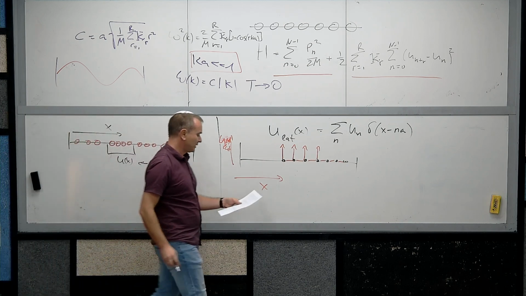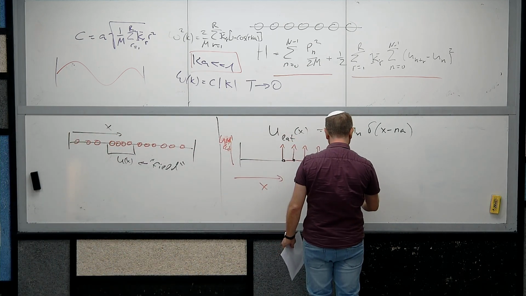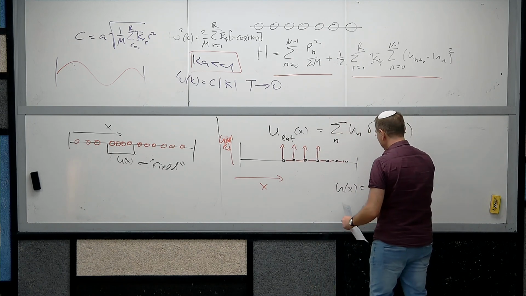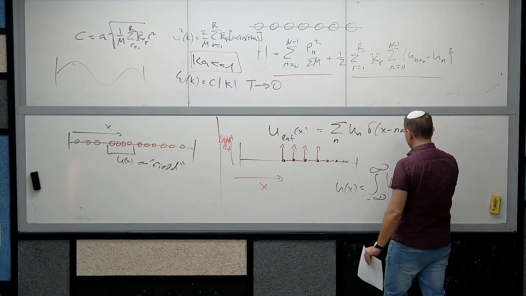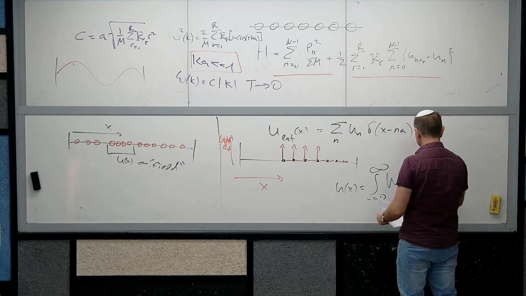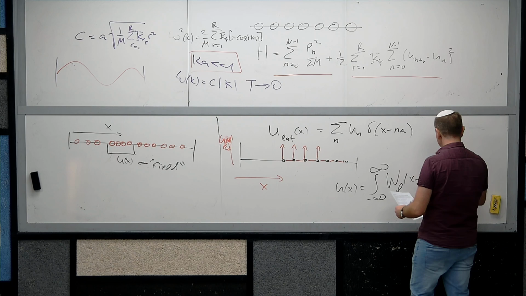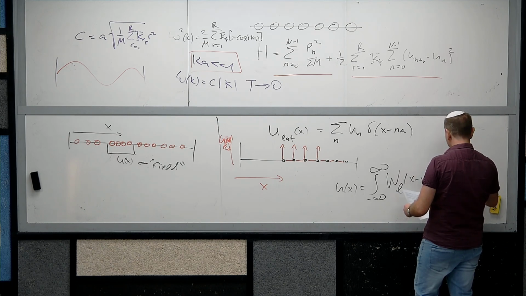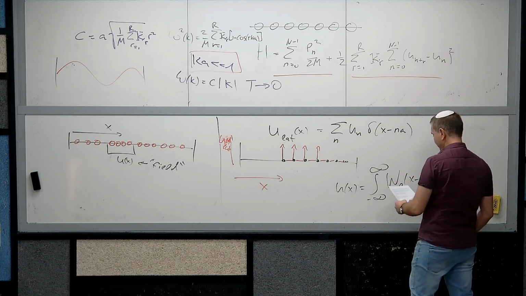How do I do it? U of x will be an integral from minus infinity to infinity of some window function W_L of x minus x prime, times U lattice of x prime, dx prime.